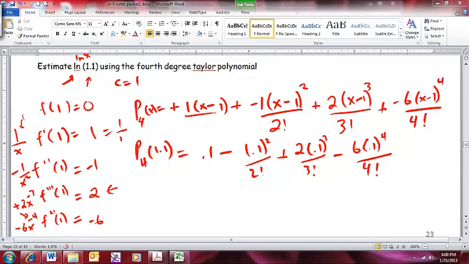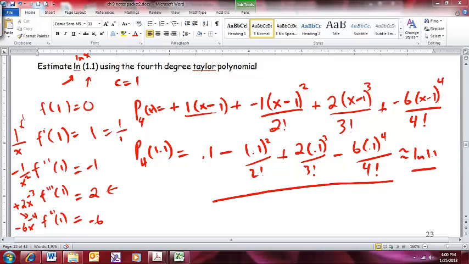Just like the other problem, this is going to be approximately natural log of 1.1. So take out your calculator, list in your Taylor polynomial, put in your actual natural log of 1.1, see how close they are.